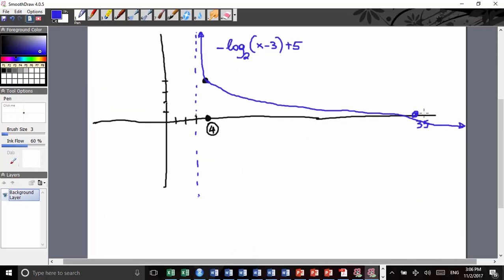As you can see right here, the x-intercept for my curve is going to be at point (35, 0). The curve will continue under this, and the vertical asymptote is at x equals 3. Now, the domain for this function is going to be from 3 to positive infinity, while the range will be the same as for any logarithm, and this is going to be from negative infinity to positive infinity.